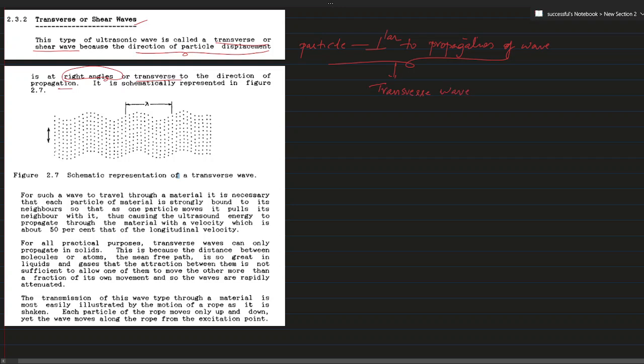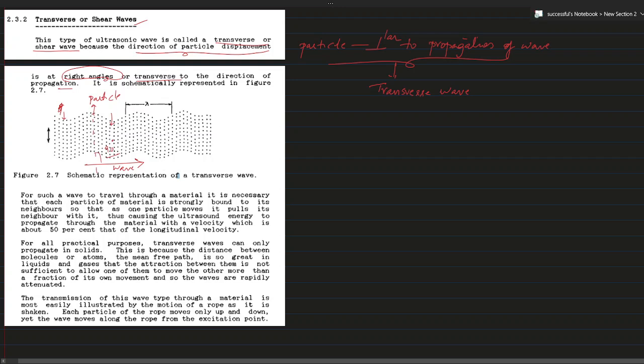Now you see, this wave is moving in this direction, but here the particles are moving perpendicularly. This particle is going down, and this particle is going up. Particle movement is in this direction, but the wave direction is this. If you see both, what is the angle? 90 degrees. That's why it is called a transverse wave or shear wave.